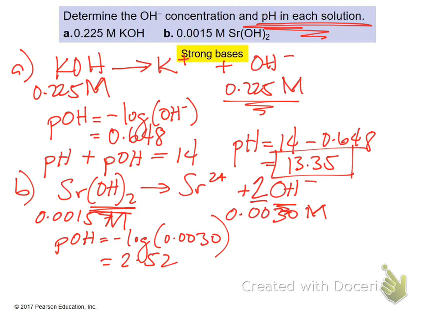All right, in order to find the pH, we just subtract this number from 14. So pH equals 14 minus 2.52, and we get 11.48 for the pH. So again, pH is greater than 7, and so it's a basic solution.